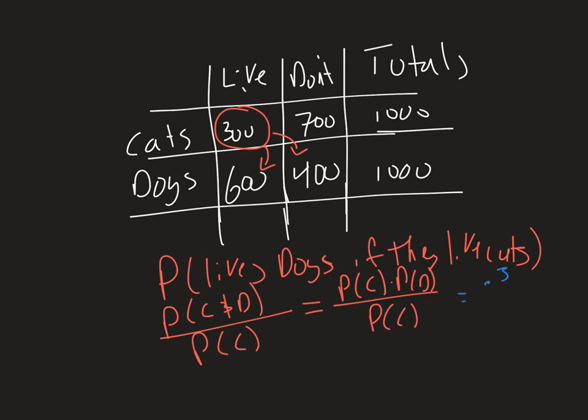Then I'm going to take that times the probability of the dogs, which would be 0.6, and then I'd have to subtract off the probability that there would be both, and that's the part I'm missing for right now. I would need that extra piece of information to be able to actually answer this question.